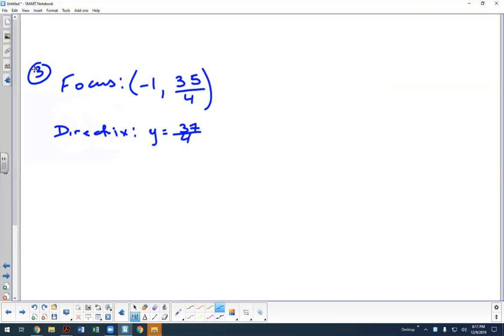Just so we kind of know where these values are, can you tell me the decimal approximations for 35/4 and 37/4? 8.75 for 35/4? Okay. 9.25.